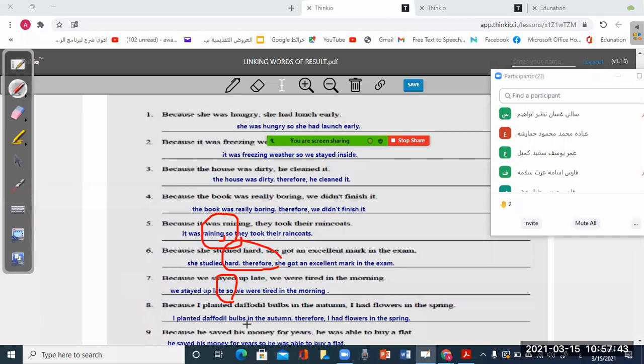Uh-huh. I plant daffodil. Yes. It must be capital. Okay, read the sentence only. I plant daffodil bulbs in the autumn. Therefore, I had flowers in the spring. Okay. Yes. Next one. The problem is with the capital letter. Number 9, Faris, Usama.